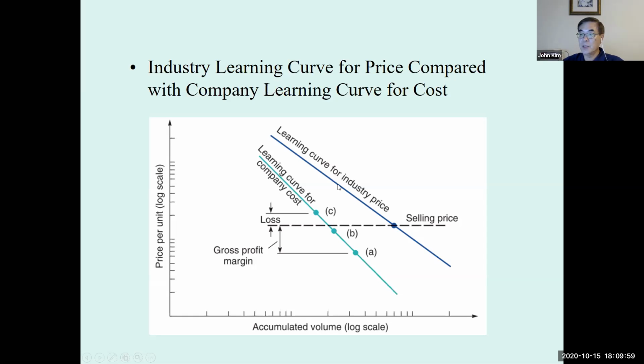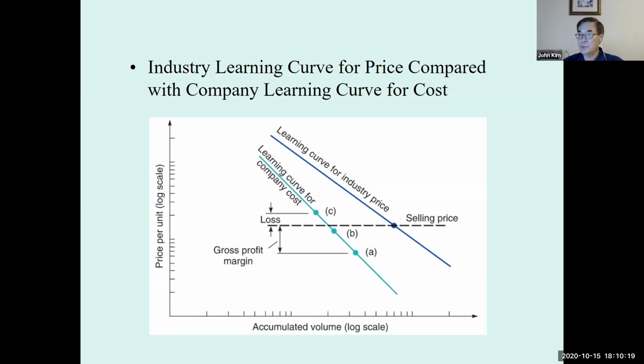So compared to the industry average learning percentage and the company's learning percentage, this company's learning percentage should be higher than the industrial learning percentage.